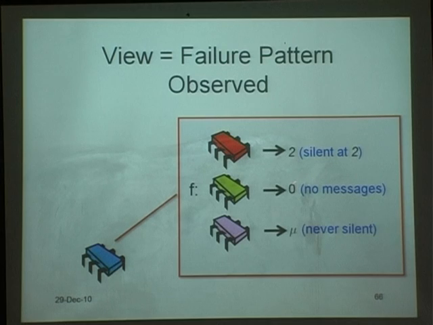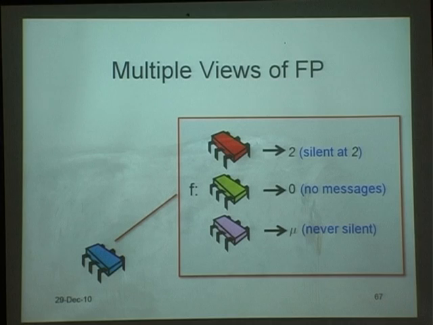Green never provided any messages, and purple it assigns mu because it was never silent. Now, how does blue know what micro round? Well, because when you send a message, you label it with the micro round you're sending it from. He was supposed to send one at 2 and didn't.